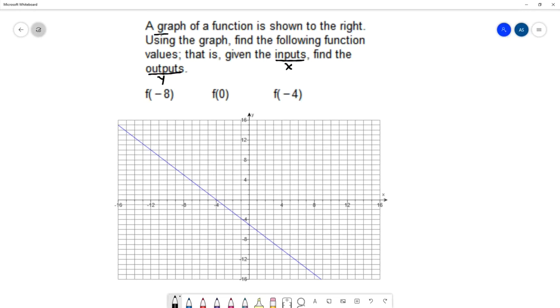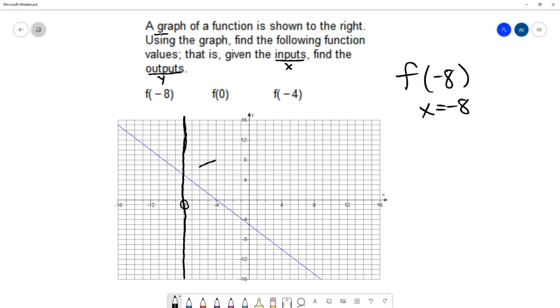So if we want to find f of -8, we know that x is equal to -8. So here's where x is -8 on the scale. And if I draw a vertical line at x equals -8, this vertical line is all ordered pairs that have an x of -8.